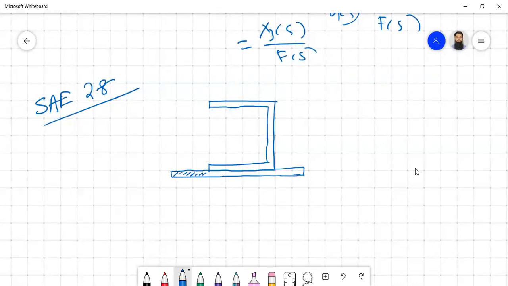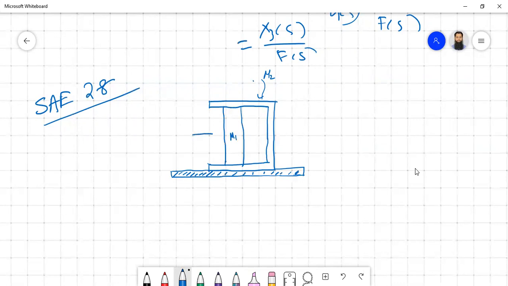So this is your reference. Then you have a mass. This one is one mass, M2. And you have another mass inside M2, so M1.